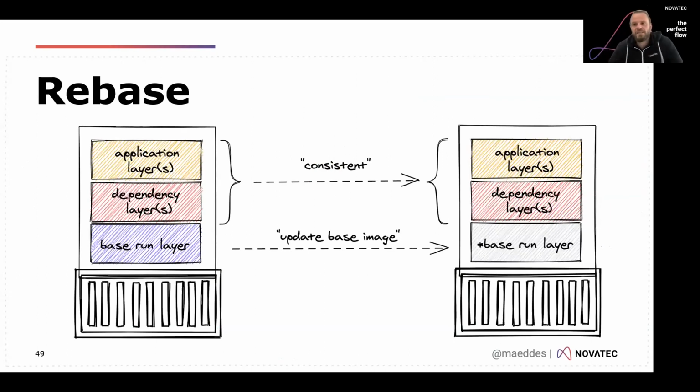Now, another important thing here is the so-called rebase functionality. In the beginning of the talk, I told you that most often the application layers change and that the underlying layers will change in a much less frequent iteration.